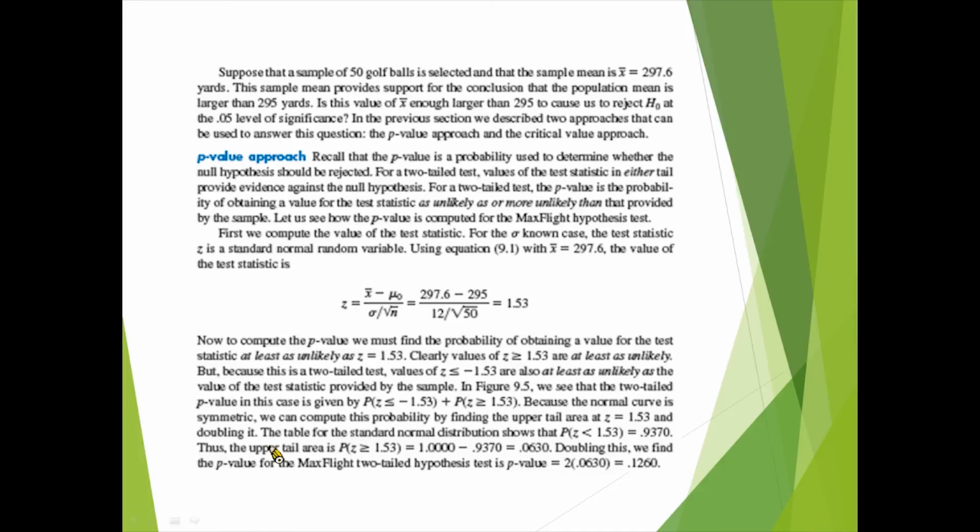So you can see the p-value. First we can check the z-value, which is 1.53, and the p-value we can check in the distribution table, which is 0.93, so this is larger than 0.01.